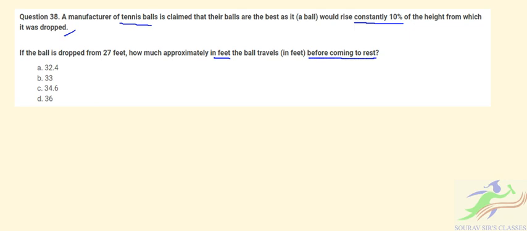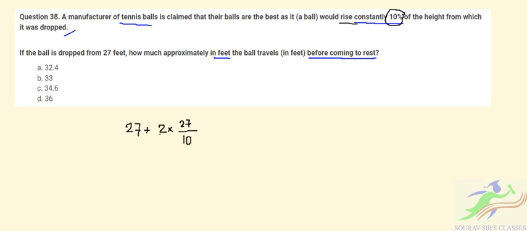Initially it is dropped from 27, and then it would rise constantly to 10% of the height from which it was dropped. So we have 27, plus it will rise, so plus 2 into 27 by 10.